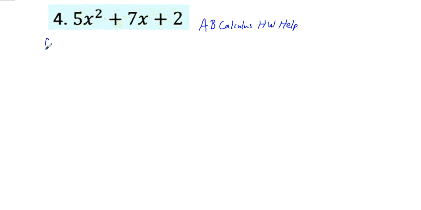So we're going to change this expression into f prime of x equals 5x squared plus 7x plus 2.